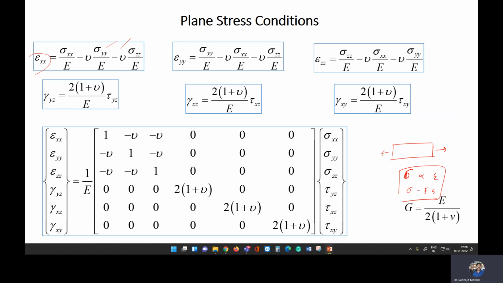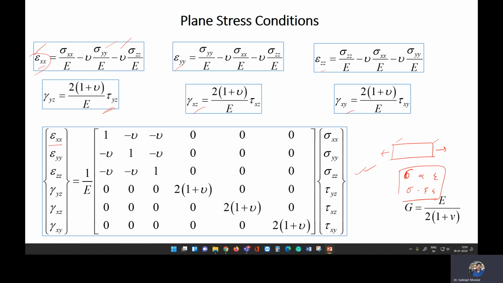For example, if you have a body and force acting in all three directions, then the strain condition can be taken in this way: strain in the x direction, similarly strain in the y direction, strain in the z direction, and this is the relationship for the shearing strain gamma xy, gamma xz. Now if we try to write these individual equations in matrix form, then the equation can be written in this way.